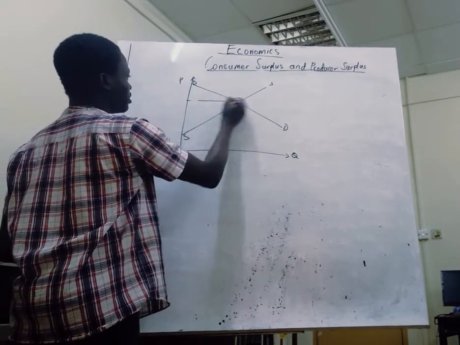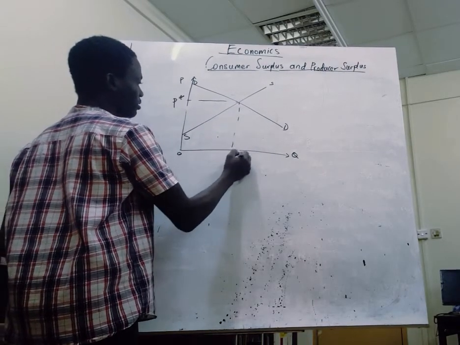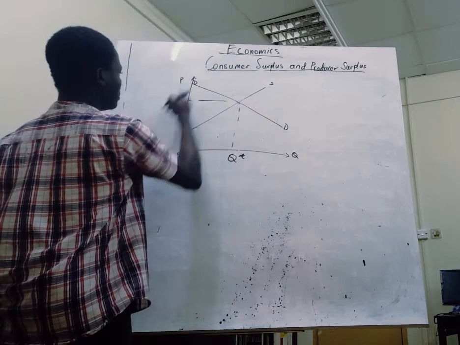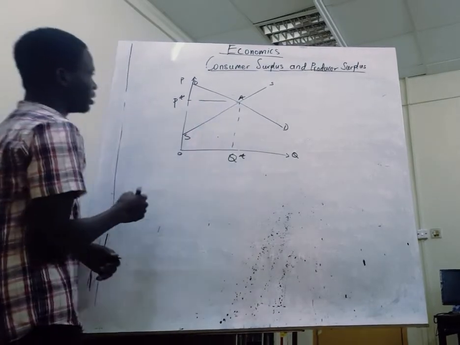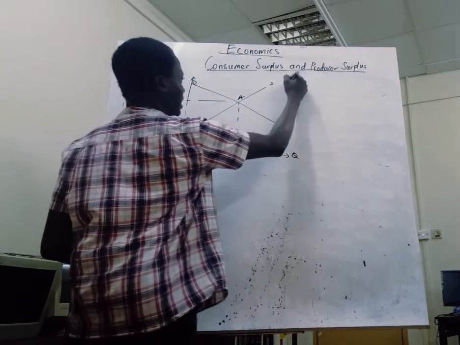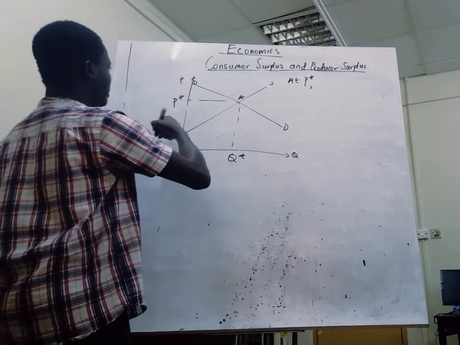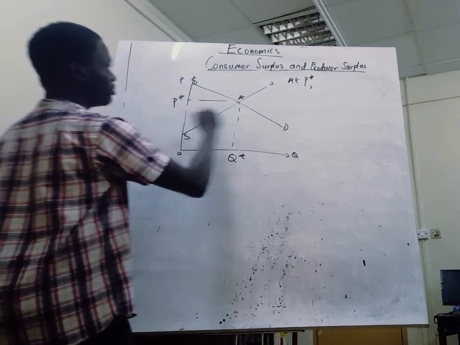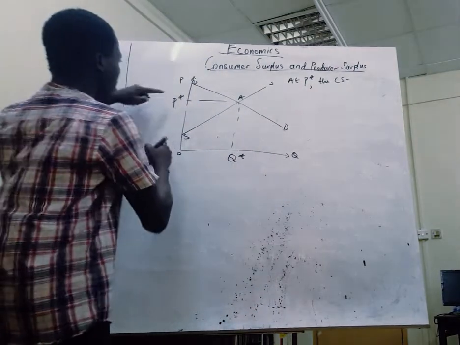This is the equilibrium position, P star, and this is Q star. Okay, let's name this place A. Good. Now, at price P star, the consumer surplus is simply the area of the triangle.